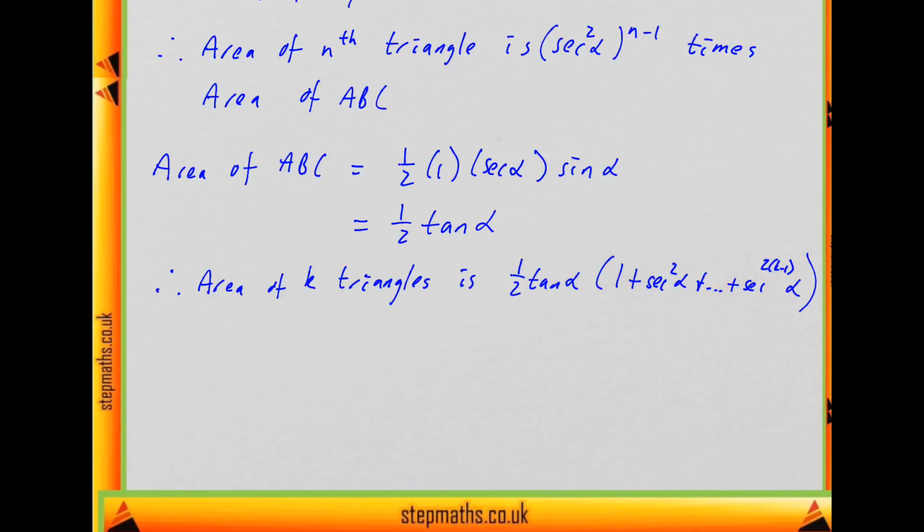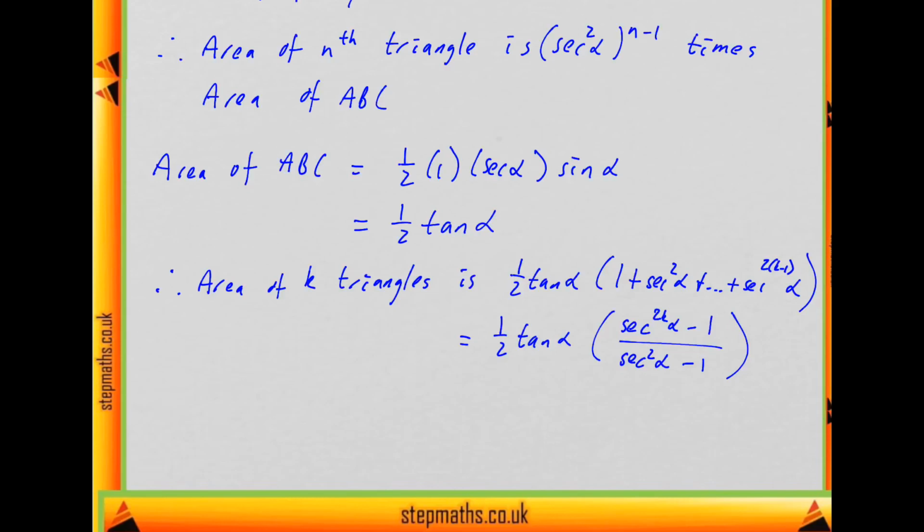Well, it's a geometric series, so we just use the formula. We've got sec to the 2k alpha minus 1. So bear in mind the common ratio here is sec squared. So we go up to sec squared to the k, which is sec to the 2k, minus 1. Bear in mind sec's bigger than 1, so we write it this way around, so it's not negative. And we've got sec squared alpha minus 1 on the bottom.